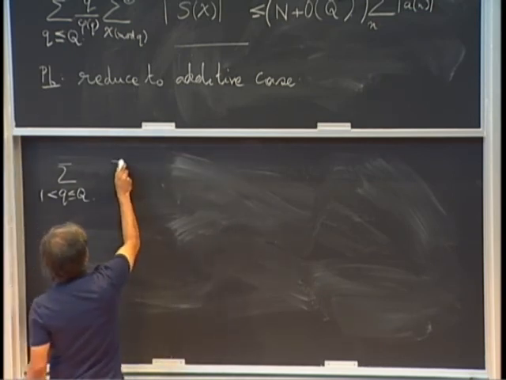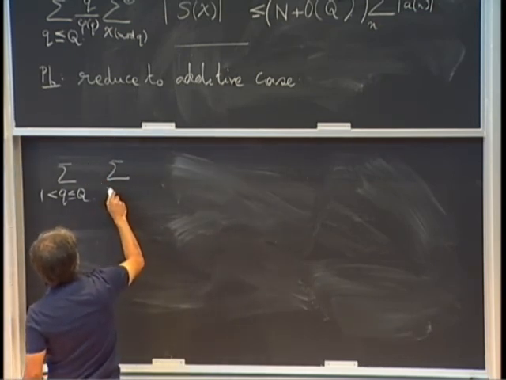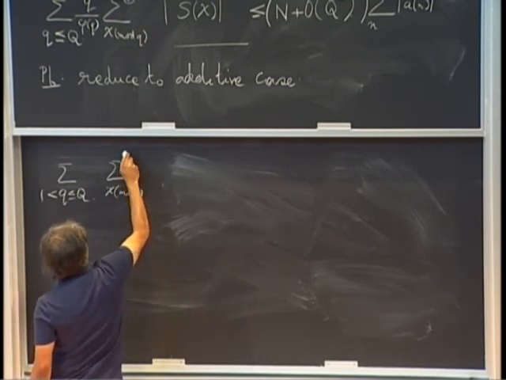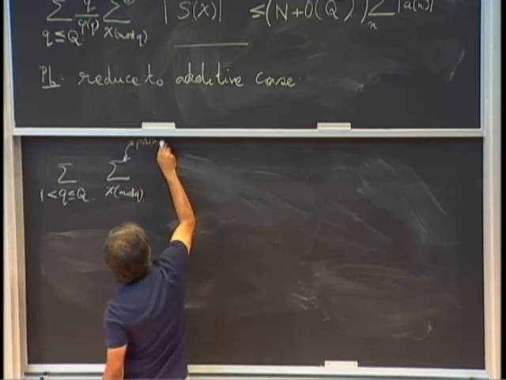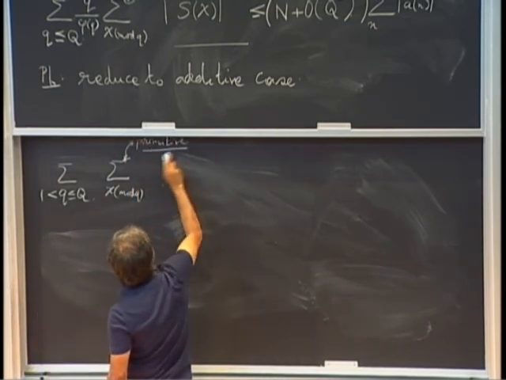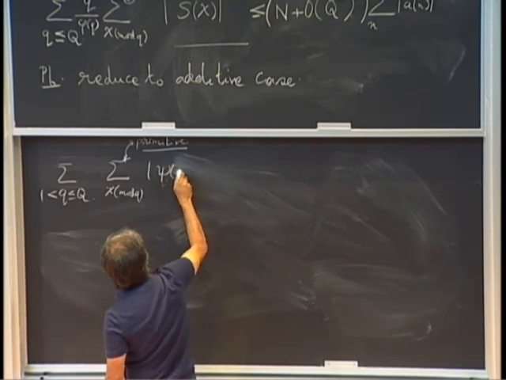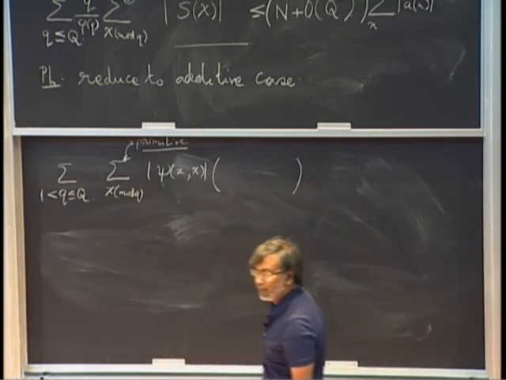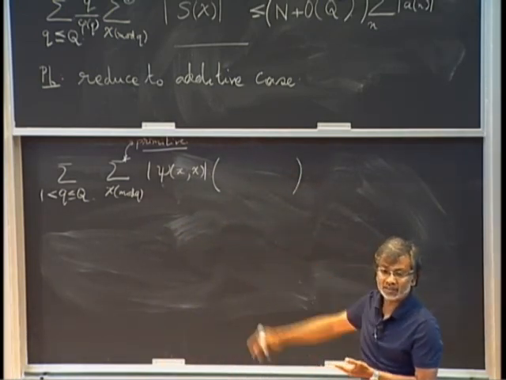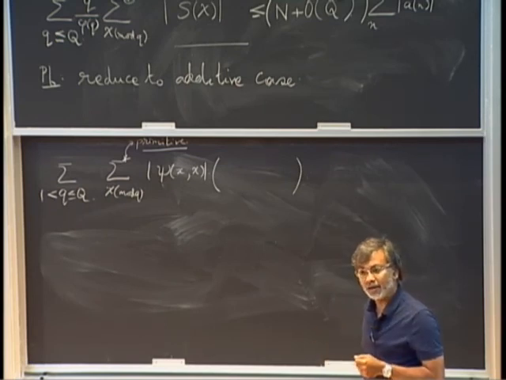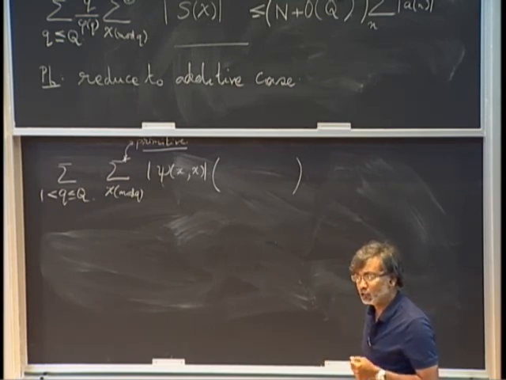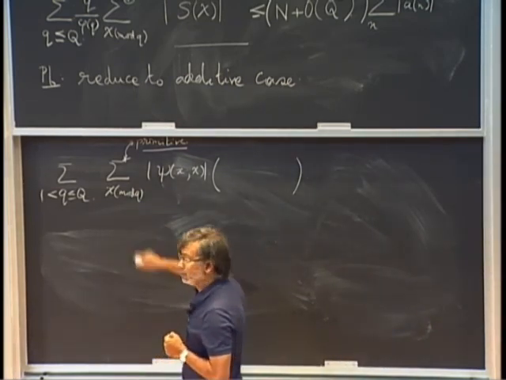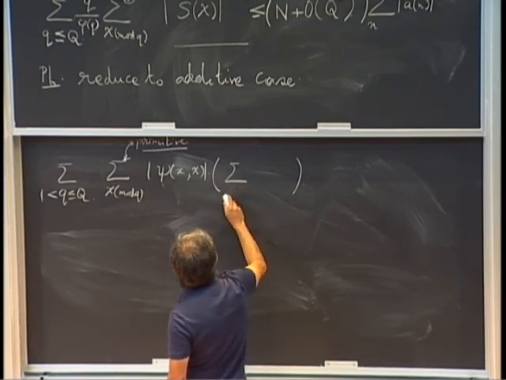Then I'm going to count a sum over chi mod q, now it's going to be primitive, of psi(x, chi). And then I should count it with an appropriate weight to think of all the imprimitive characters that are induced by this primitive character chi. So what are those imprimitive characters? Well, they will appear at the multiples of q. So it will be a sum over, let's say, r.